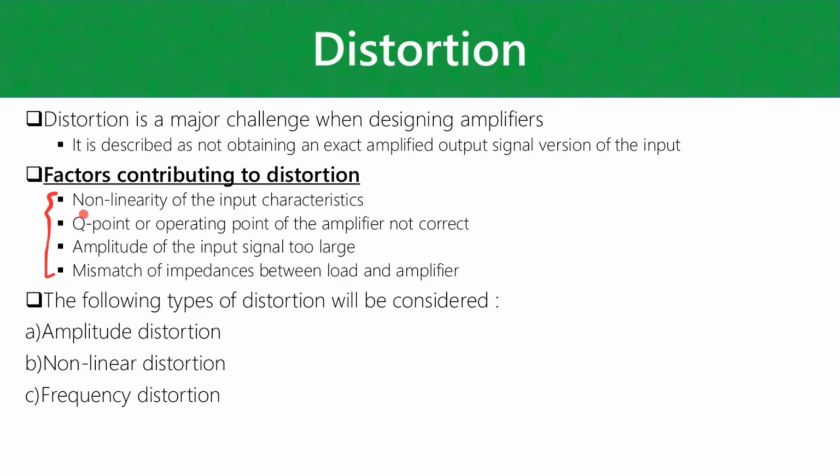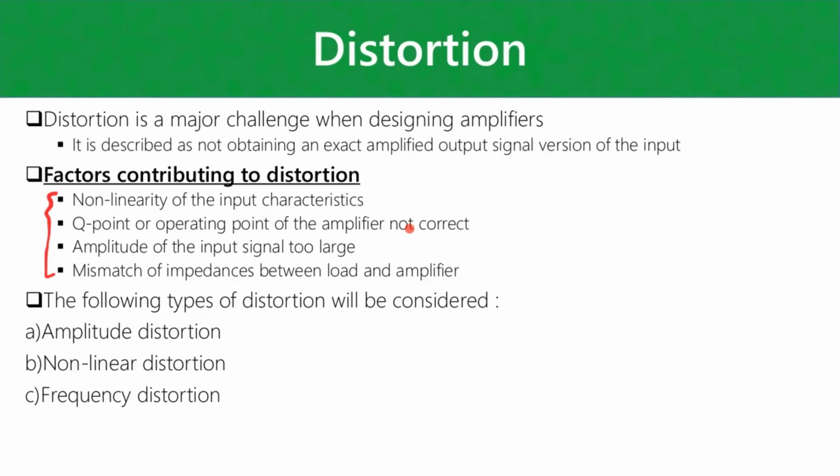So you're going to get things like nonlinearity of your input characteristics. That's also going to cause distortion. Basically, the relationship between current and voltage is not necessarily linear for the input of an amplifier. Then you also have your Q point or operating point of your amplifier not being correct. This is particularly true for transistor amplifiers.